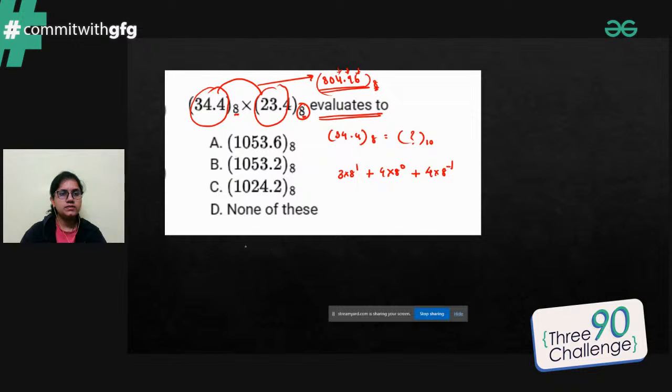So try to solve this, like 34 into 23.4. 4 4s are 16, mod 8. So try to solve this way. If you are getting the answer, let me know.